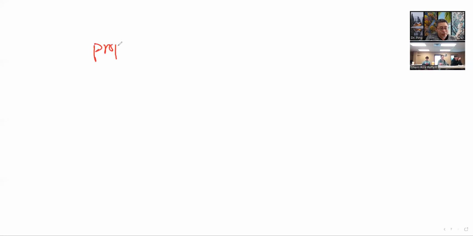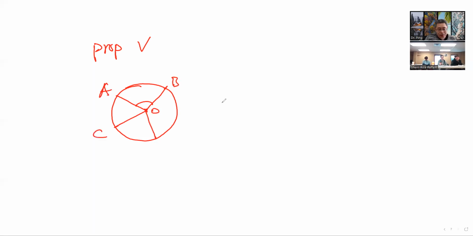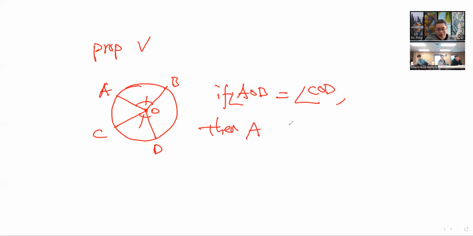When you have two angles, so this AB, O, C, D. If this angle is congruent to that angle, if AOB is congruent to COD, then the corresponding arc is congruent.